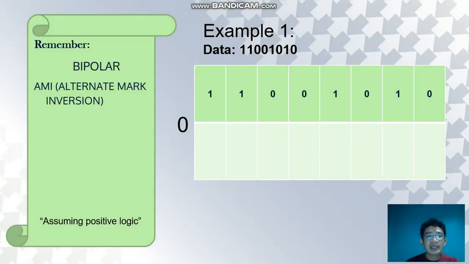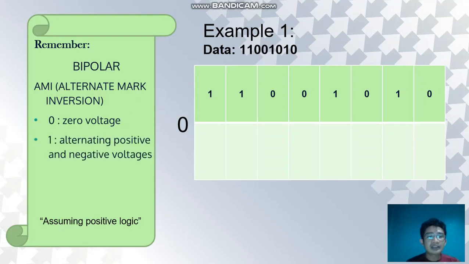Example: in bipolar AMI, alternate mark inversion, 0 is the zero voltage, 1 is the alternating positive and negative voltages. We will take note that, assuming positive logic data, for example, 11001010, 0 is the base.